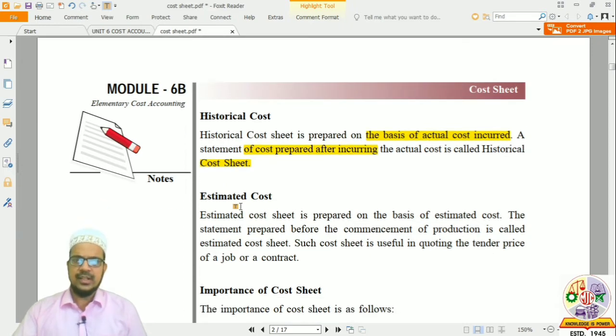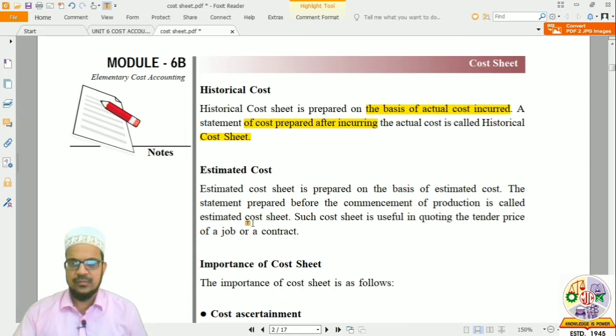Another type of cost sheet is the estimated cost. Now let us take an example. Suppose you are a manufacturer of toys. You manufacture children's toys and normally you sell to Indian customers.